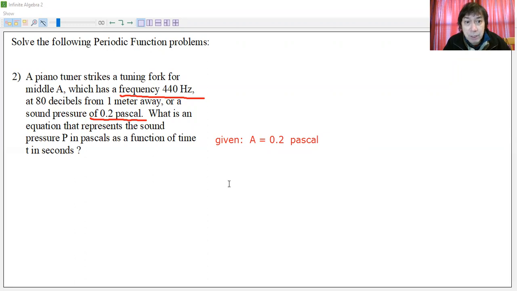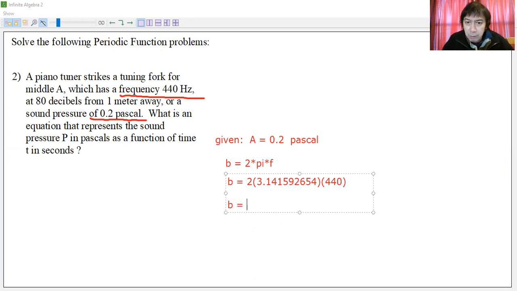By using the frequency, our B is equal to 2 pi f, 2 times pi times f. This is the formula for B, okay? All right, and so we use the numbers: 2 times pi, which is equivalent to 3.1415926 54, and then we multiply this by the frequency given, that's 440 hertz.